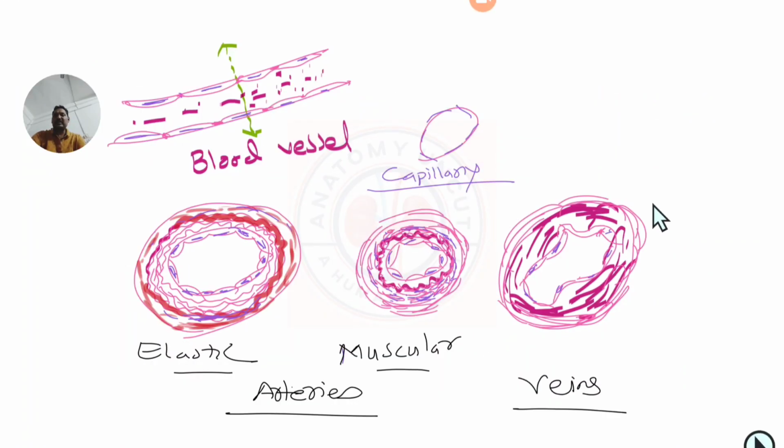Now coming to the next important topic in the general anatomy review: blood vessels. Why we need to know about blood vessels is because they are the channels that give you nourishment. You absorb something, you inhale something, and it is distributed to your tissue level through the blood vessels.